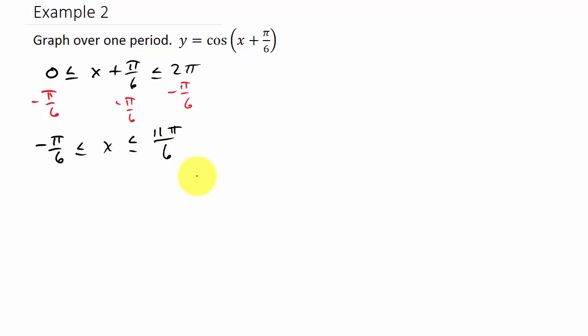Yep. Alright, so let's draw our x-axis, and let's mark off the negative pi over 6 and the 11 pi over 6.